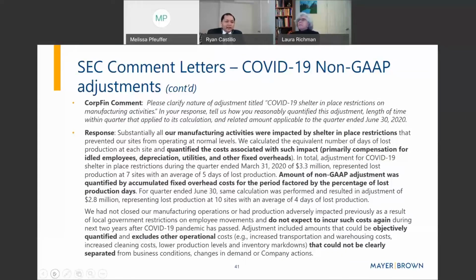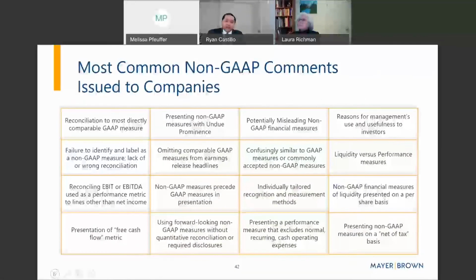They explained that it had never incurred costs related to government restrictions on employee movements before, and they do not expect to incur these costs for the next 2 years after the pandemic ends. Then they argue that the costs could be objectively quantified and are separate from normal operational costs. And the staff had no further comments. So those are examples of COVID-related non-GAAP adjustments and SEC comment letters.